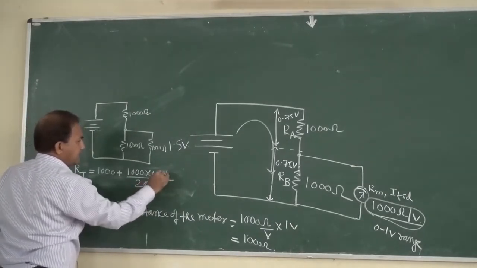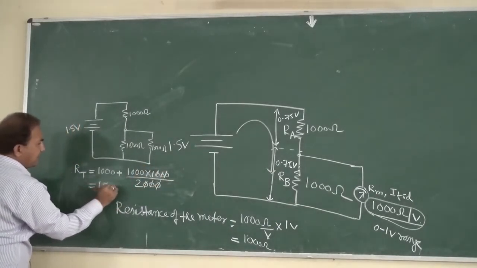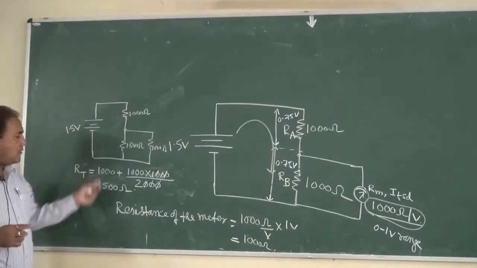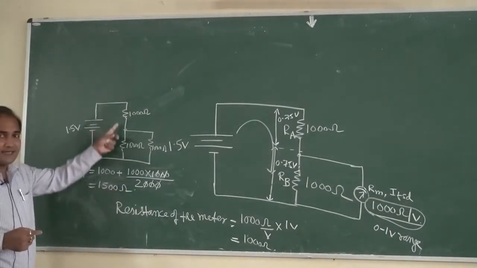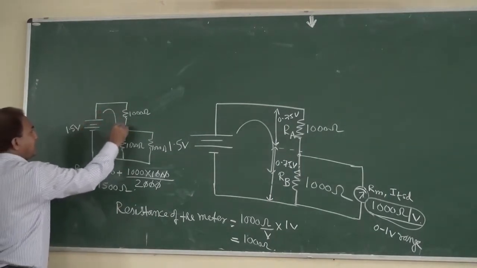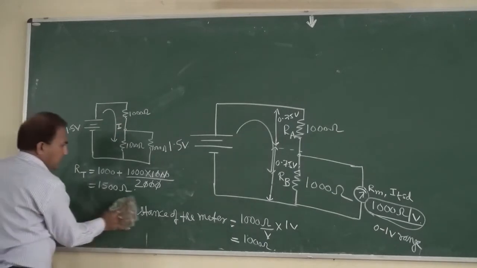So it is equal to 1500 ohm. 1500 ohm is the total resistance of the circuit. So the current I is equal to how much?